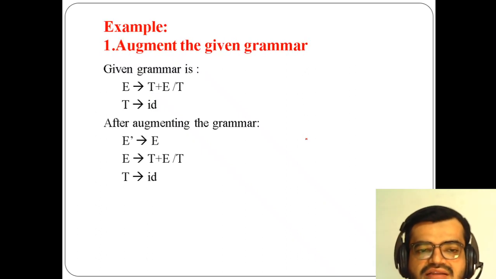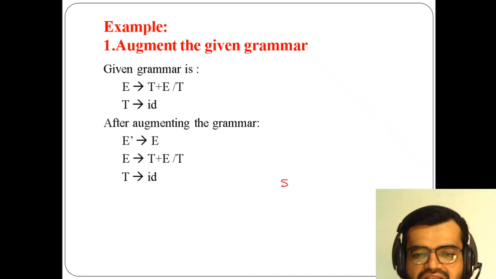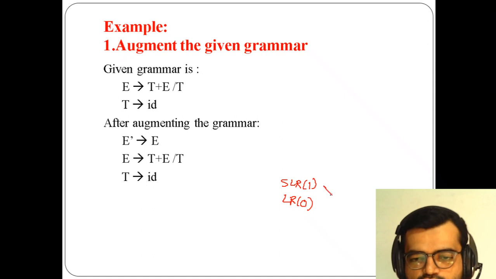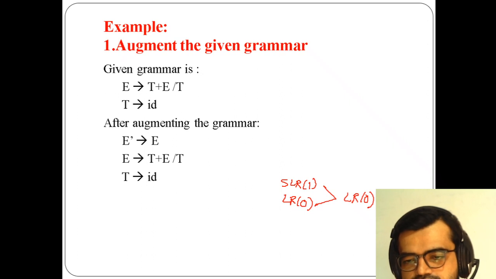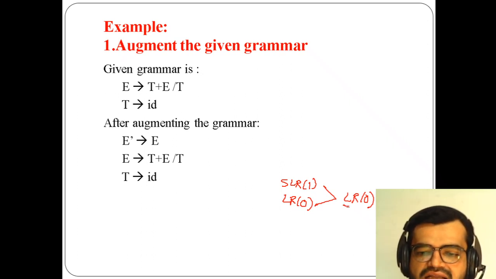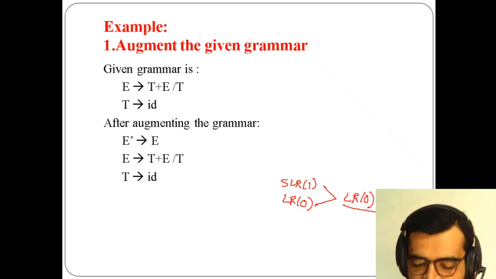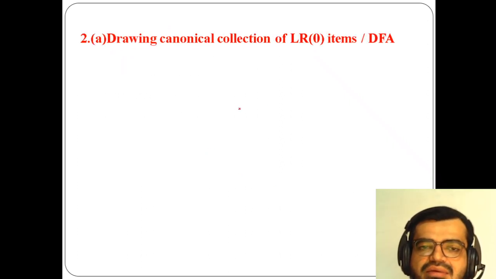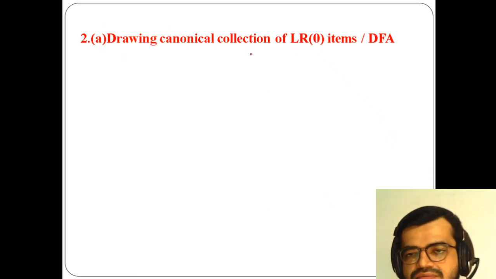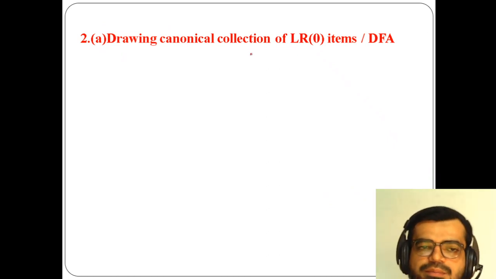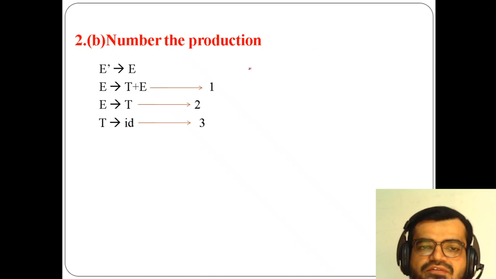SLR(1) and LR(0) parsing both come under LR(0) items, because both use the same canonical collection of LR(0) items. You also need to number the productions: this is the first production, this is the second, and this is the third.